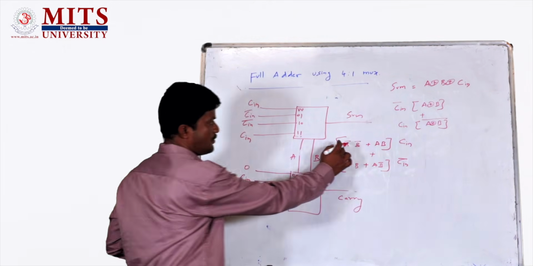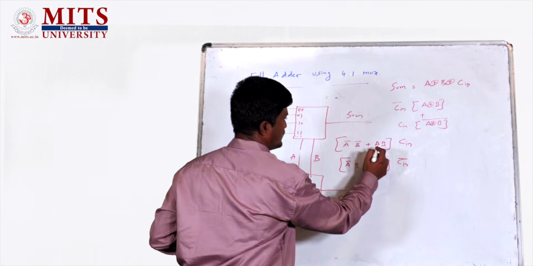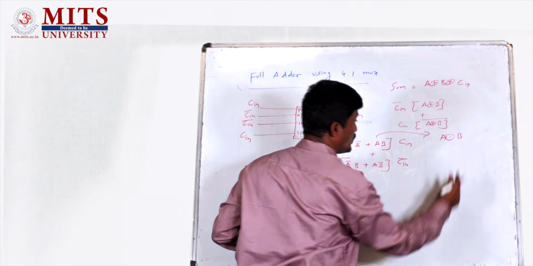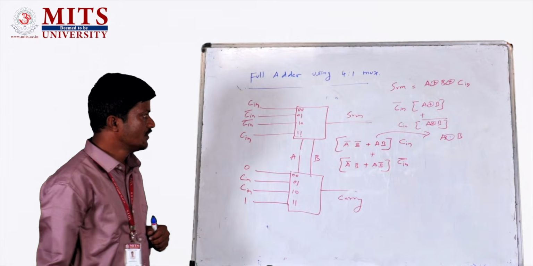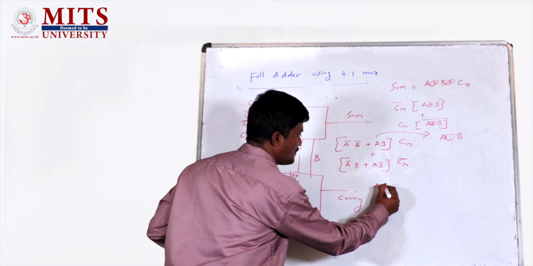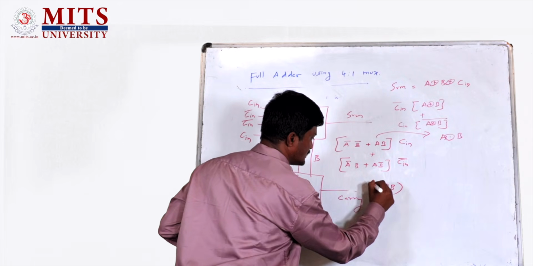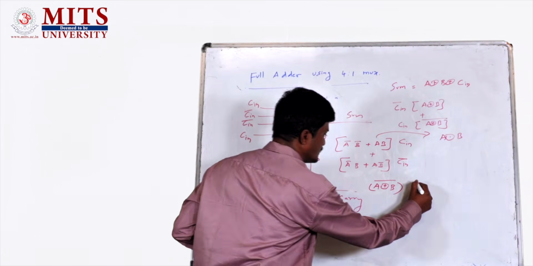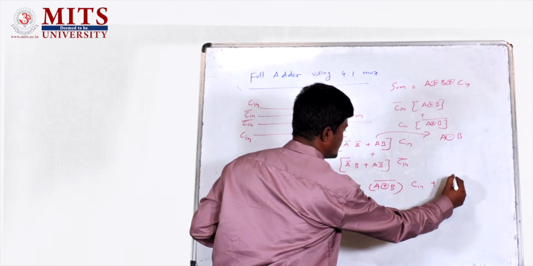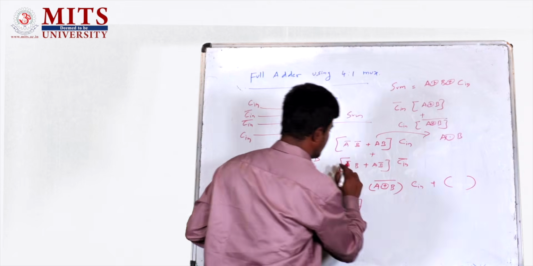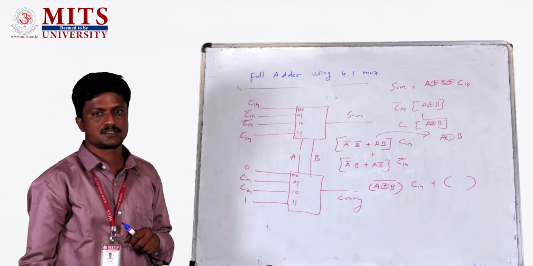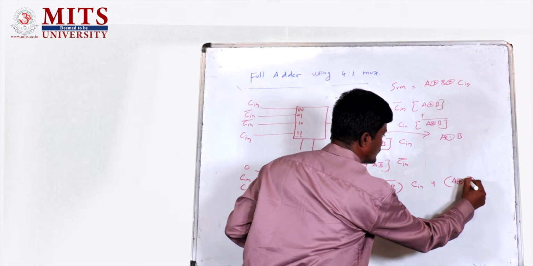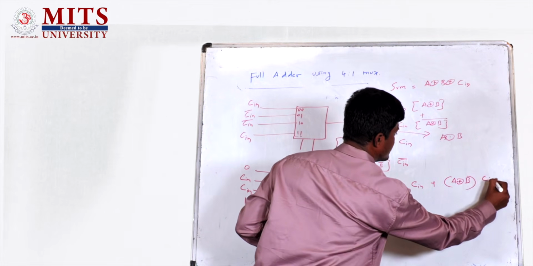Now A bar B bar plus AB is nothing but the two input exclusive NOR gate, which can be rewritten as the complement of two input XOR. So A exclusive-OR B whole bar into Cn plus A bar B plus A B bar, which is A exclusive-OR B, into Cn bar.